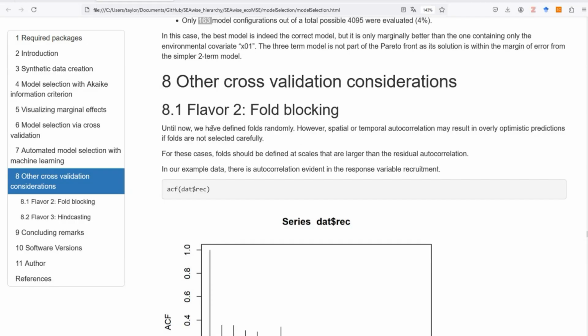So until now, those k-folds were defined completely randomly. But if you have some sort of autocorrelation in your data, you're going to want to design your holdout data a little bit more intelligently so that you're able to address that autocorrelation.